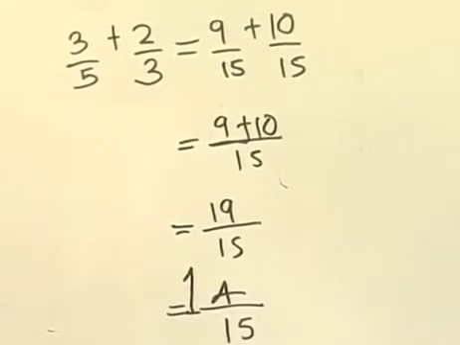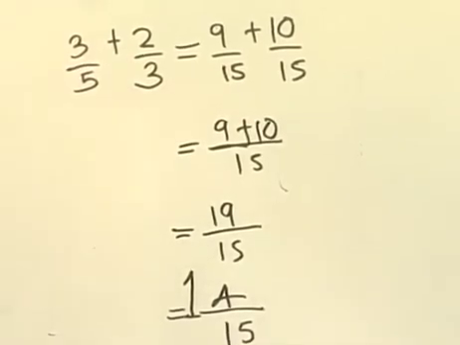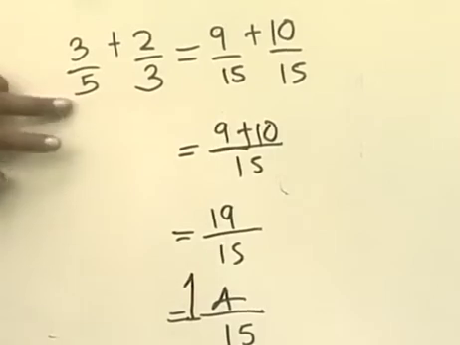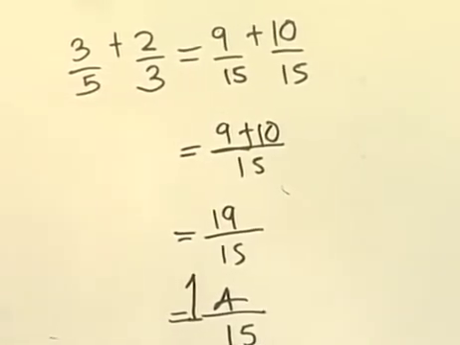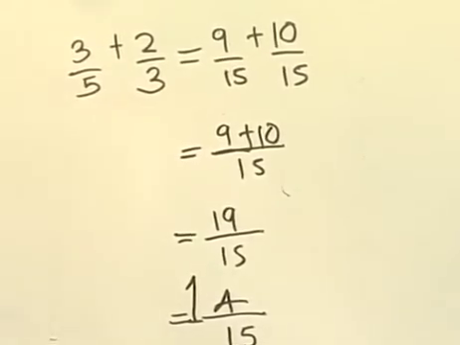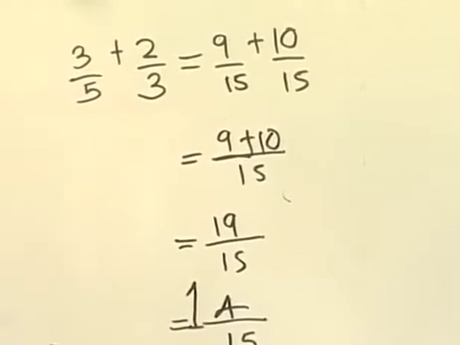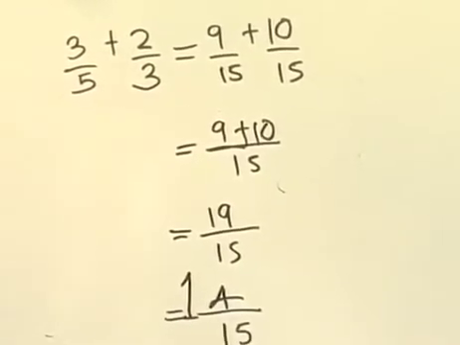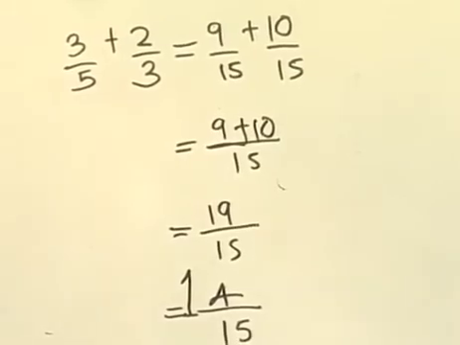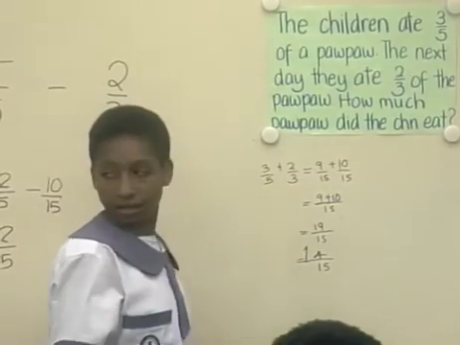In other ways, you can multiply across and get the numerator for that denominator. 3 multiplied by 3 is 9. 5 multiplied by 2 is 10. And then you add straight. 9 add 10 equals 19 over 15. That's an improper fraction. You change it to a mixed number. That's 1 and 4/15. Okay, thank you, Diana.